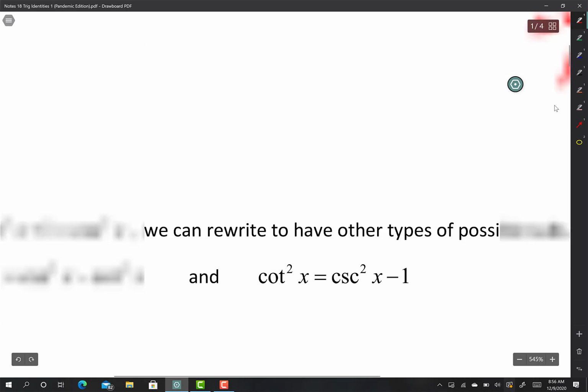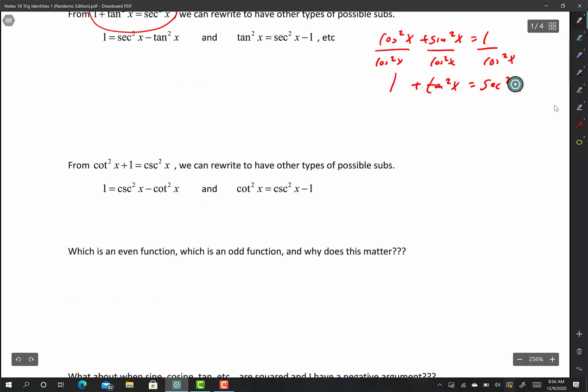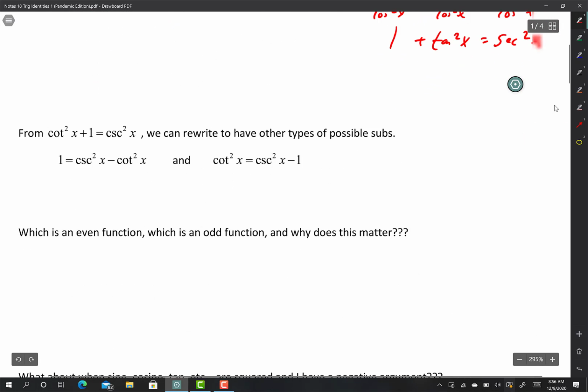All right, using that same logic, guys, we have that cotangent squared plus 1 equals cosecant squared. Again, that comes from dividing your Valentine's formula all by sine squared. And again, you get cotangent squared plus 1 equals cosecant squared.